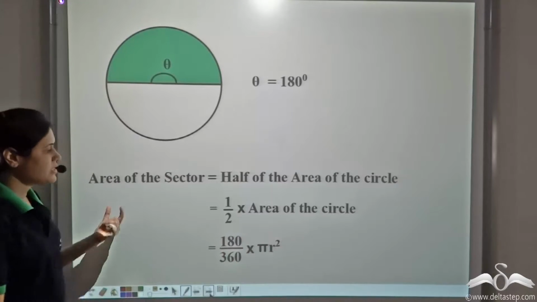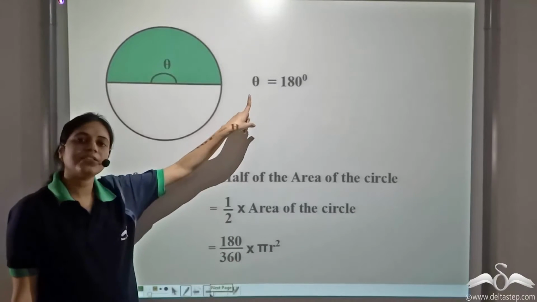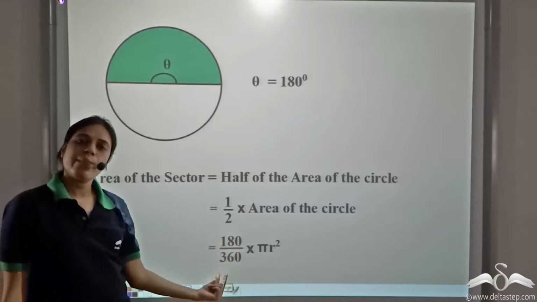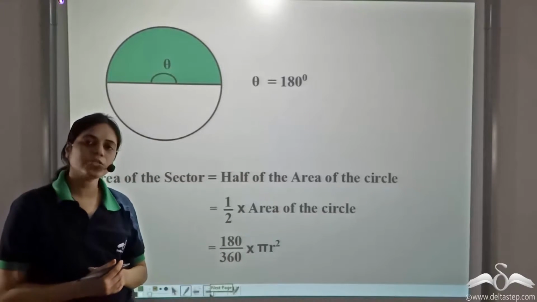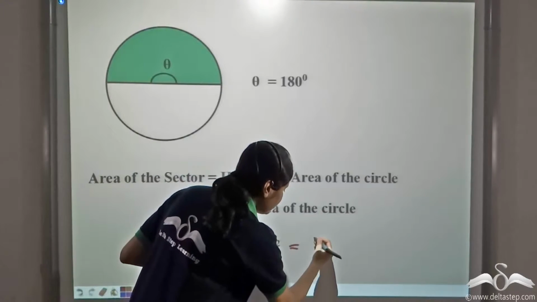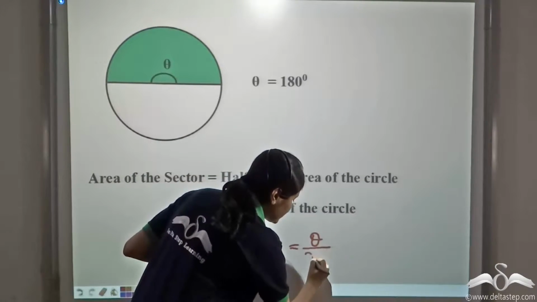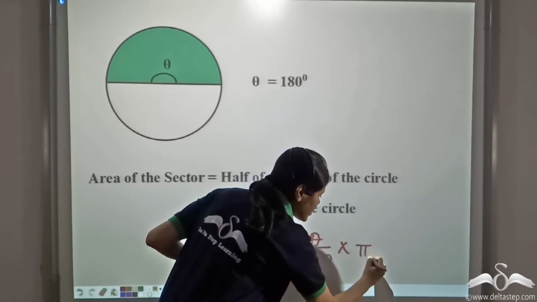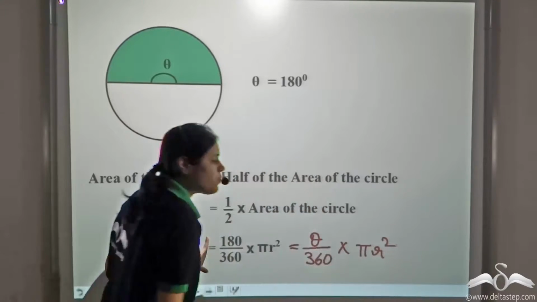So area of the sector when theta, that is the central angle, is 180 degree, is 180 by 360 into pi r square. Now 180 is the central angle, so we can write it as central angle by 360 into pi r square.